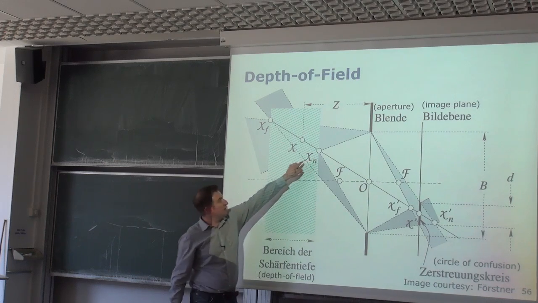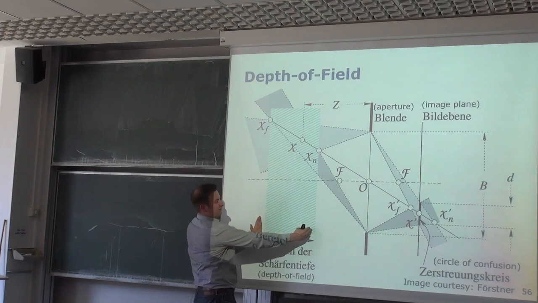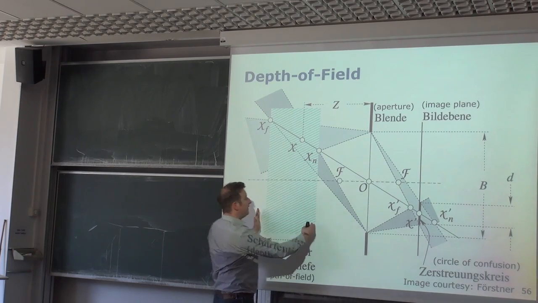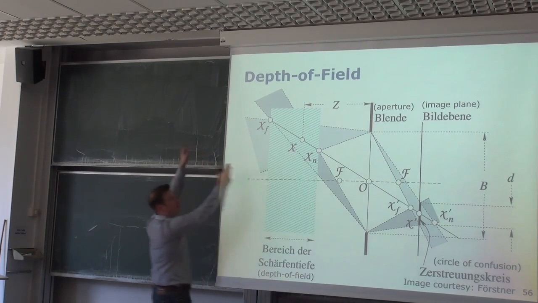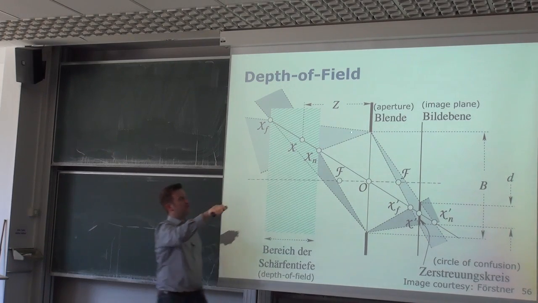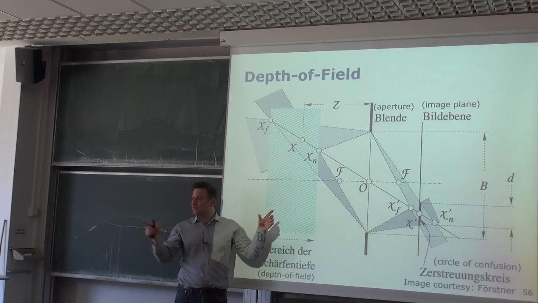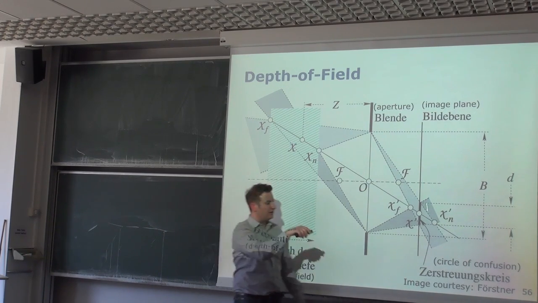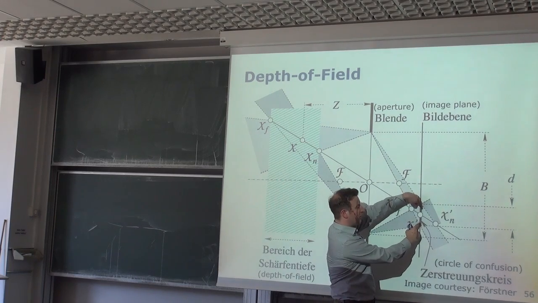What you can also now see, if we move, so this kind of gives me then the depth of field, if this is smaller than a certain size. If we now move the objects further away from the scene, so we actually move in this direction, that means this angle over here gets smaller and smaller. That means this one also gets smaller.